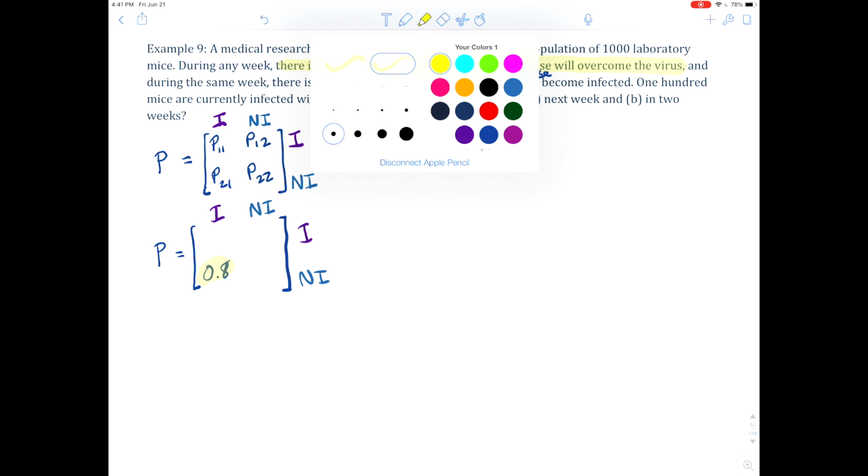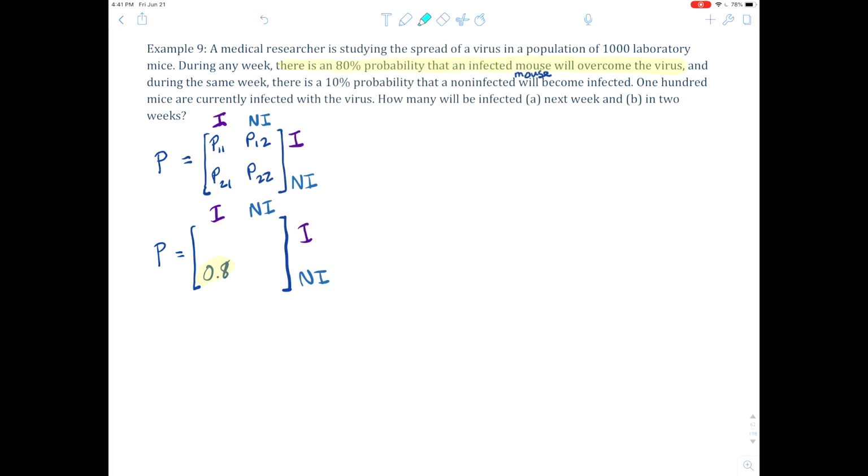All right. Next up, what do we have? We were also informed that during that same week, there is a 10% probability that a non-infected mouse will become infected. So it'll go from being well to sick, right? Well, if it starts off well and it ends up sick, what must be true? Beautiful.